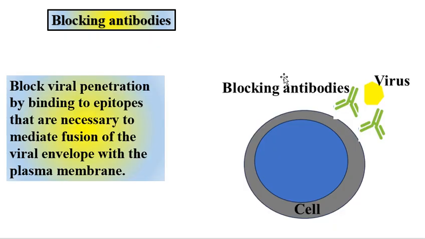Here are the antibodies and this is the virus. The antibodies have the capacity to block attachment of the virus to epitopes necessary to mediate fusion of the viral envelope. Infection starts by attachment, and then by fusion of the envelope to the plasma membrane.